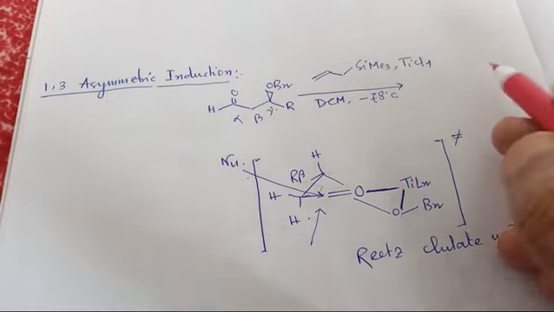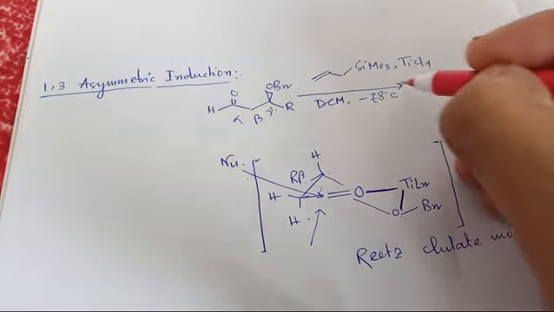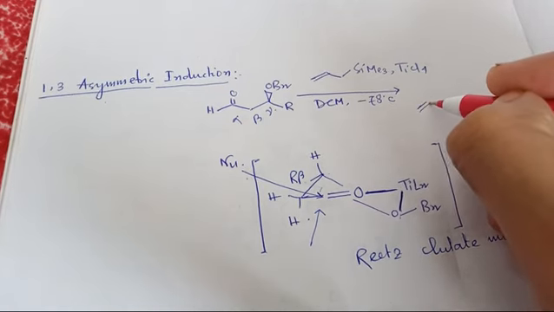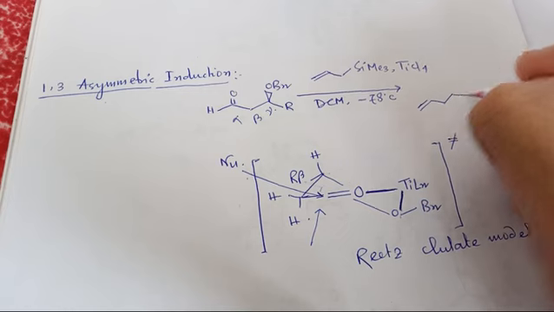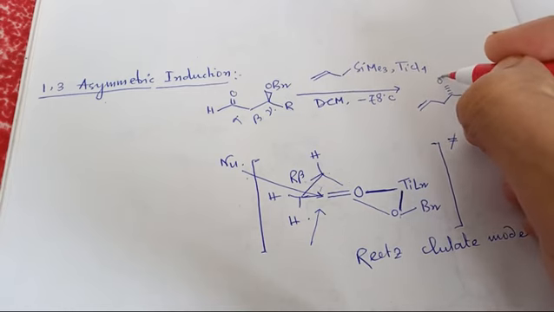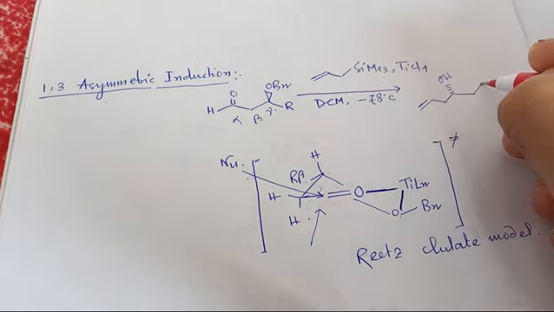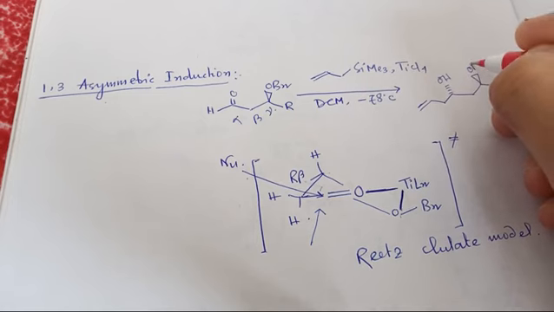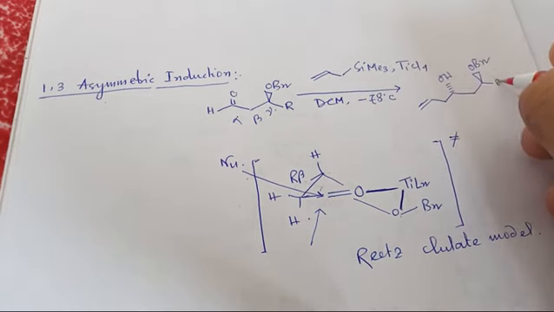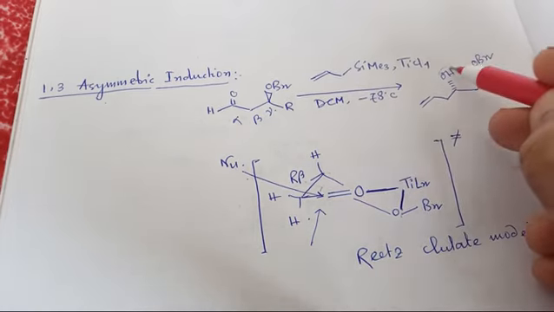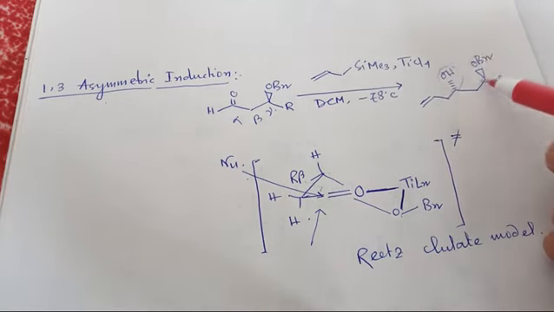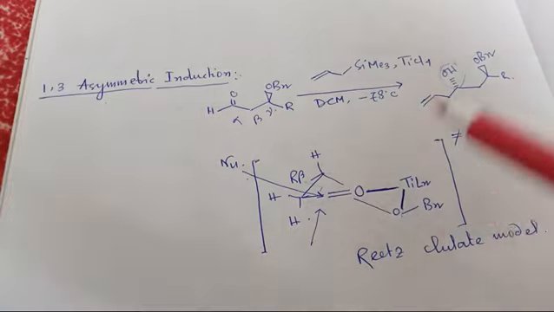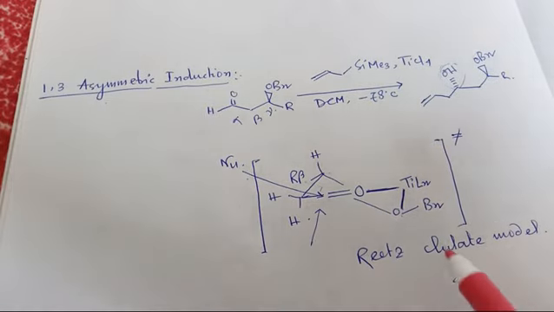So you can see that OH is down. Why is it down? Because of the influence of this group. So this is 1,3 asymmetric induction, also known as the Reetz-Gillette model.